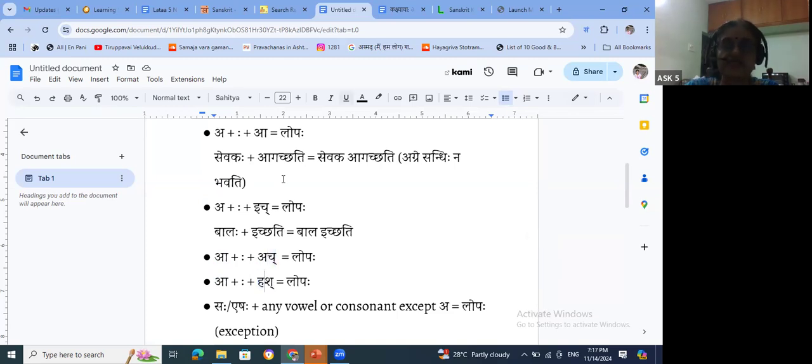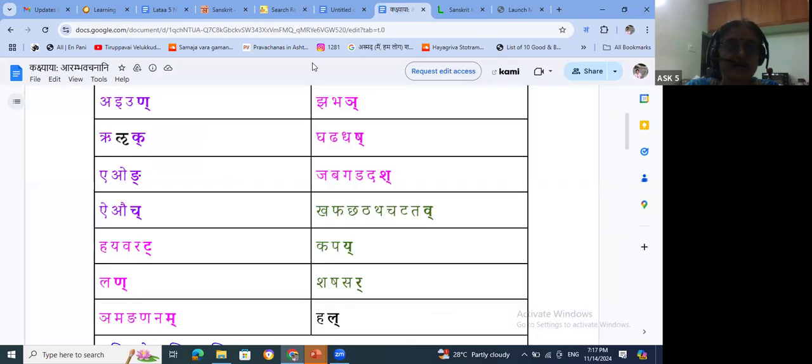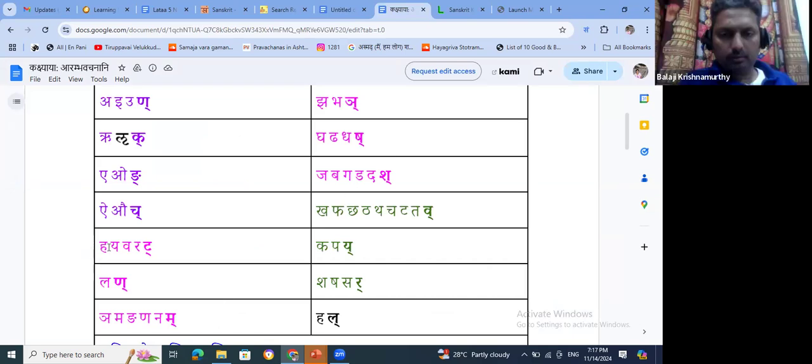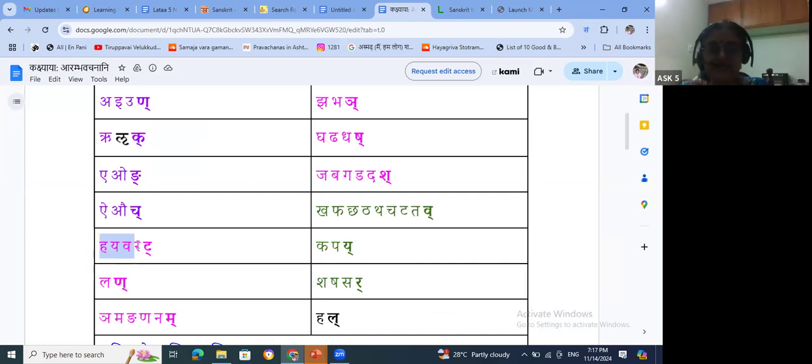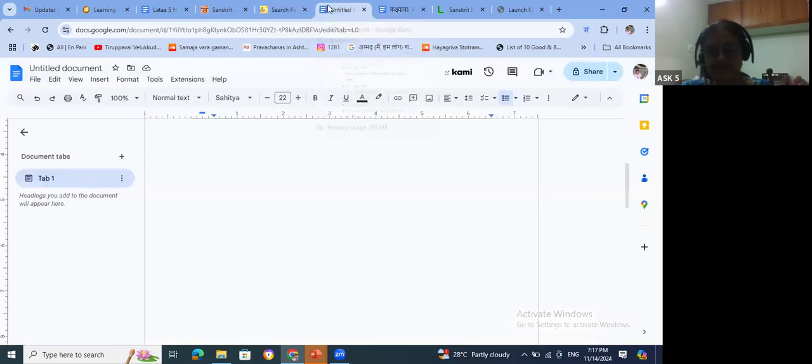Ach is all the swaras, and hush is all the Mrudu Vyanjanani, which means the third, fourth, fifth column of the varnas and then Hayavara. So, a followed by visarga, followed by anything except the Karkasha Vyanjanani. When a is followed by visarga, followed by anything of these, then it becomes lopaha.